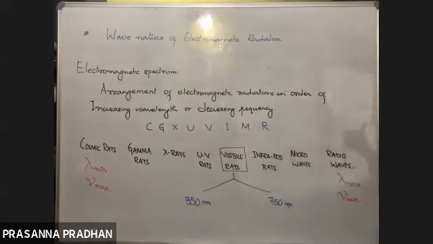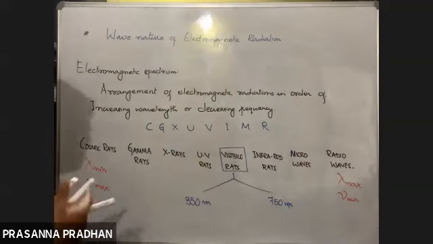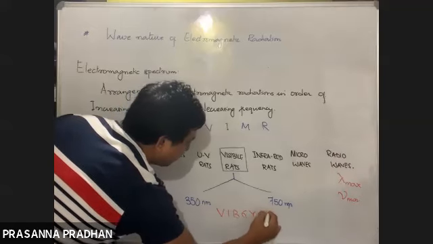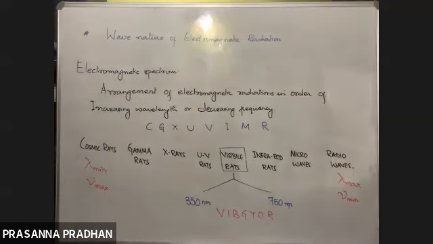And in visible rays, again, the colors are arranged in order of increasing wavelength. So what is the visible spectrum? We all know that: VIBGYOR, the 7 colors. We call this a spectrum.